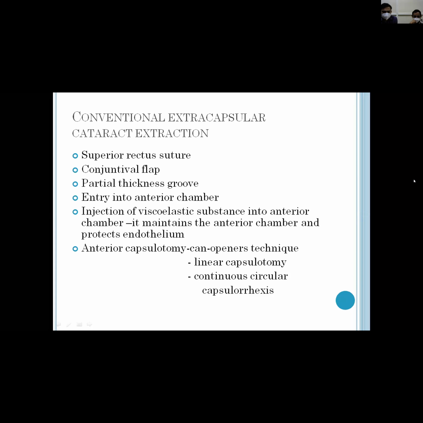In linear capsulotomy, a straight incision is made in the anterior capsule from 2 to 10 o'clock position. The rest of the capsulotomy is completed in the end. In continuous circular capsulorhexis, the entire capsule is torn in a circular fashion, either with the help of an irrigating bent needle cystitome or with capsulorhexis forceps.